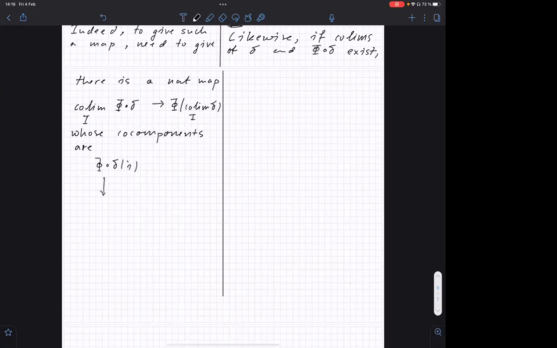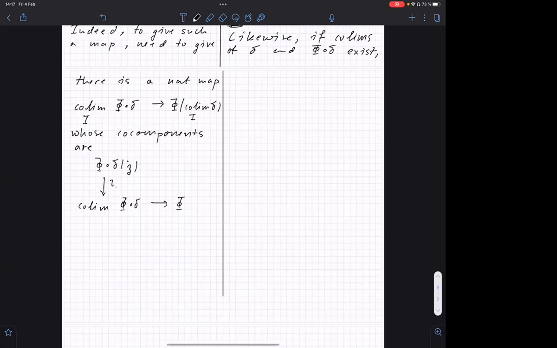So I have these co-components of the colimit. So let me write that. That's an iota. It's kind of an inclusion.